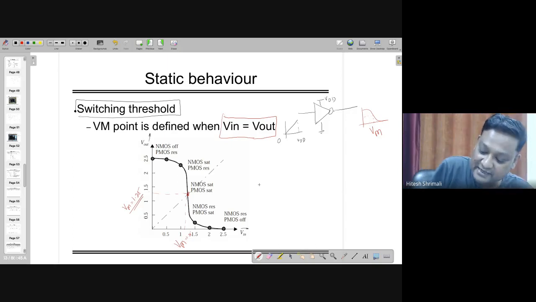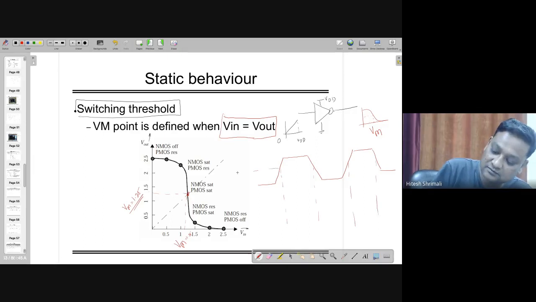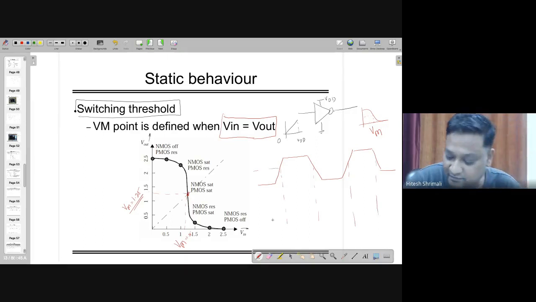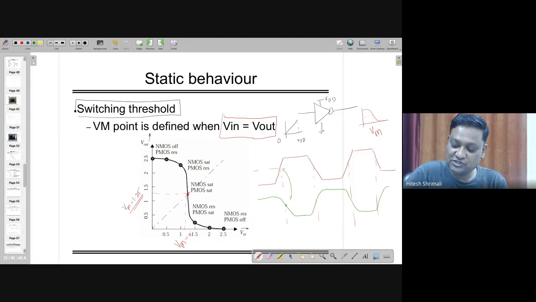What it exactly means is, if you are applying an input which looks like this, I expect to see Vin and Vout changing at the same time.